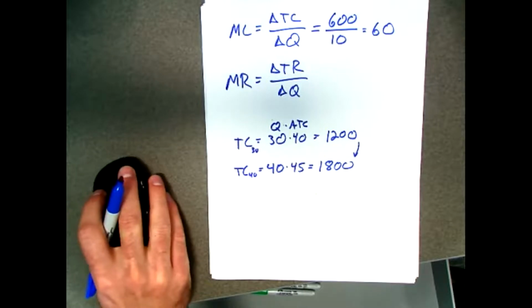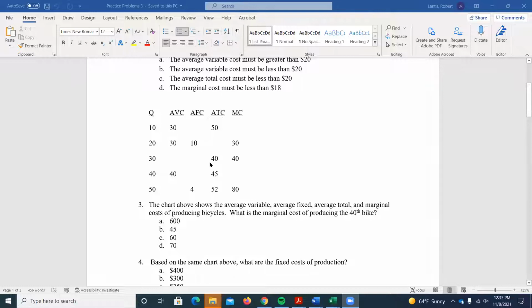So there we're just grabbing those values for quantity and average total costs from this table. Once I had the total costs, then I said, okay, it's just the change in total costs divided by the change in quantity there, which here we had 10 unit jumps. Okay, so I think C is the correct answer there.